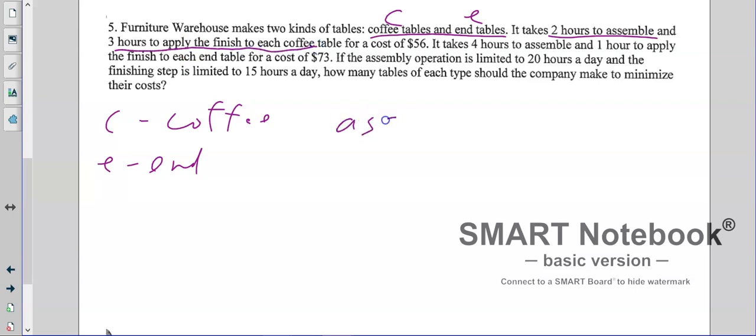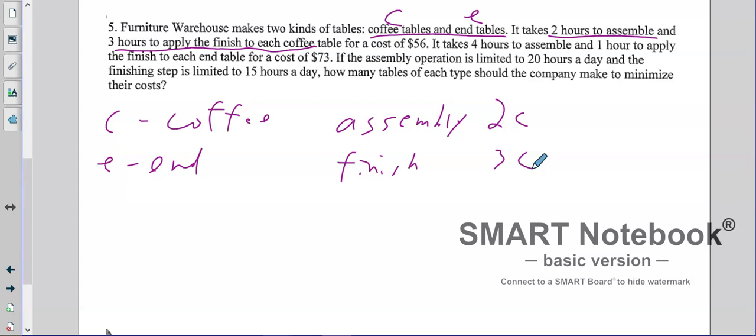So we have assemble and finishing. And that's with a coat of varnish or something, not finishing assembly. All right? So it says 2 hours to assemble and 3 hours to apply the finish for a coffee table.